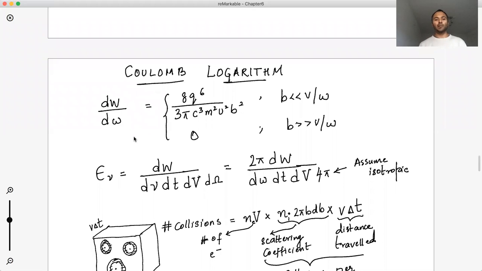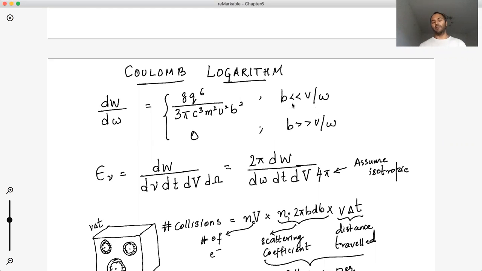Okay, so I'm going to start with the expression we had for the spectrum of the emitted radiation due to a single Coulomb collision. I'm just going to take the simple form of the expression, which is a step function. It's a constant value up until a certain frequency in the low frequency limit, and then it basically drops to zero instantaneously.